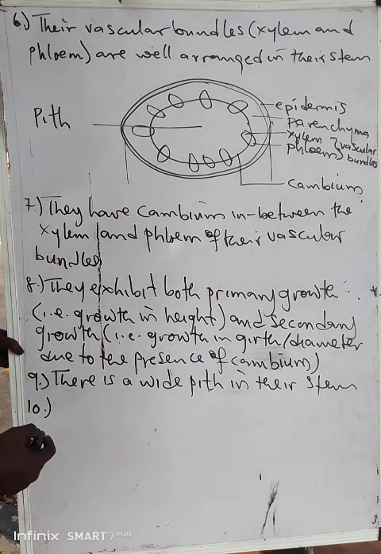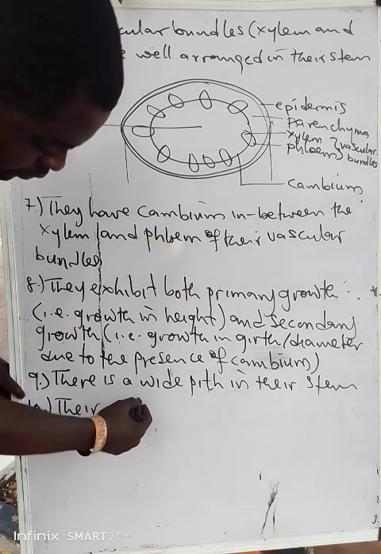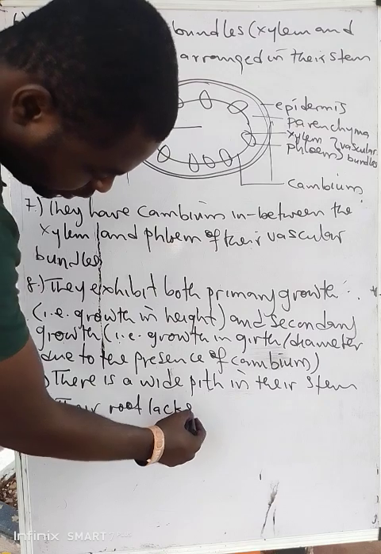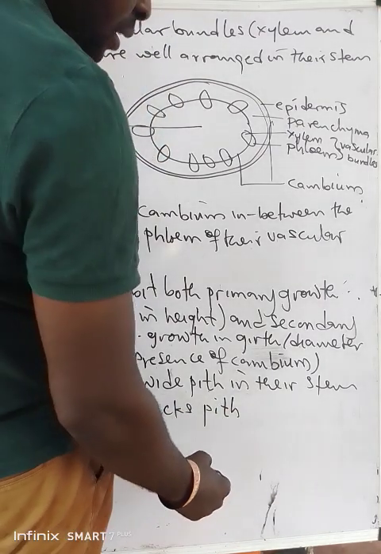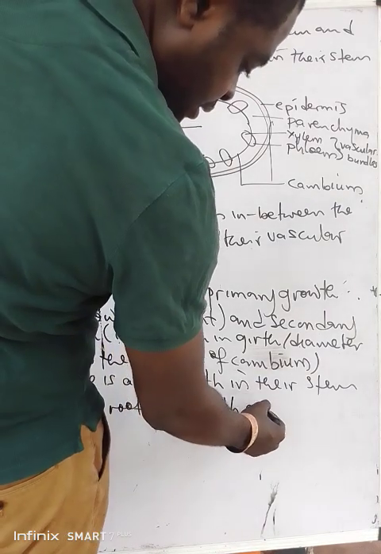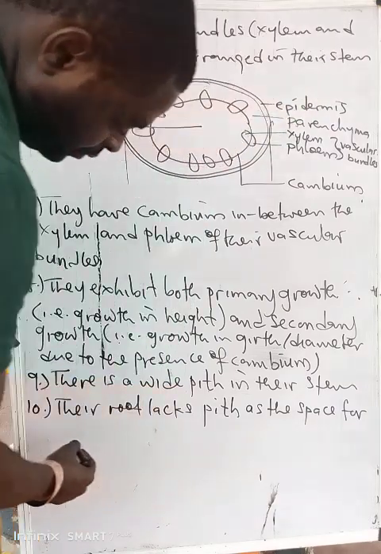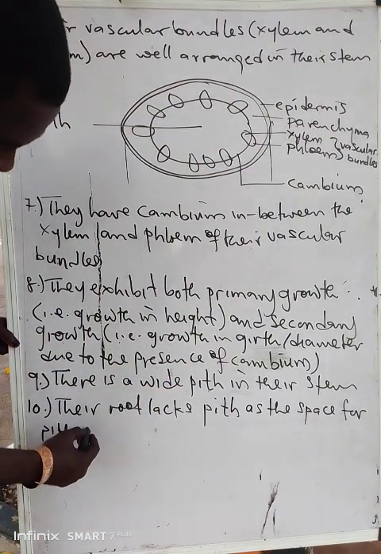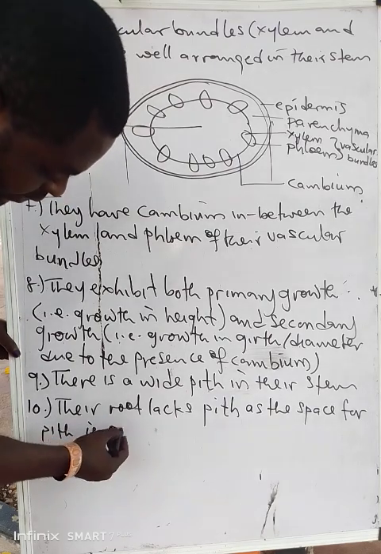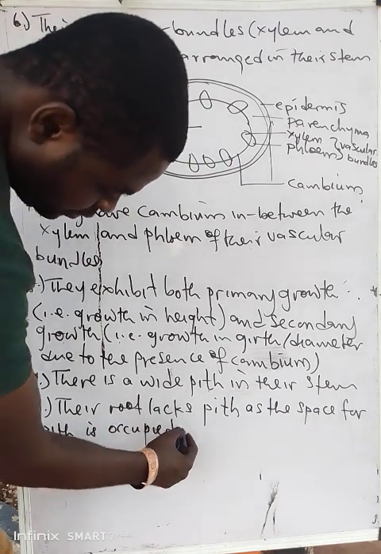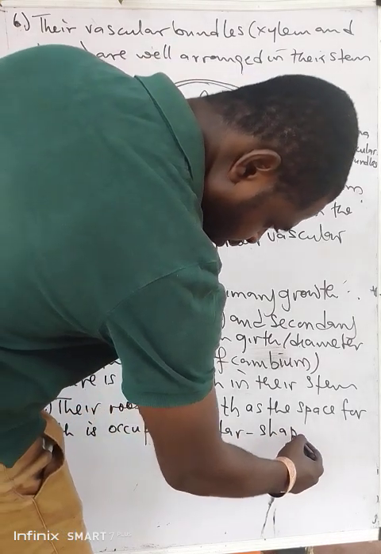So let's talk about their root. Their root lacks pith. They don't have pith in their root, as the space for pith is occupied by star-shaped xylem.